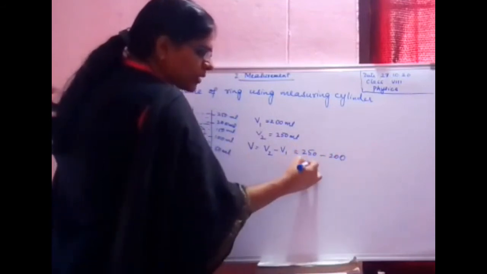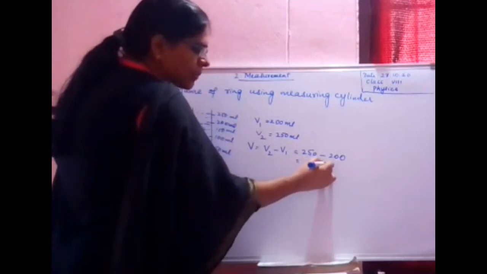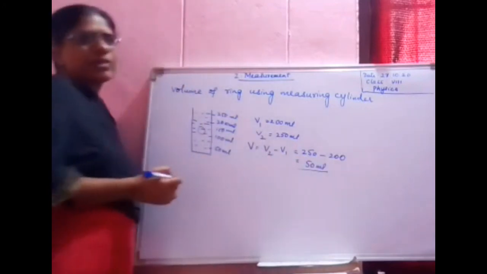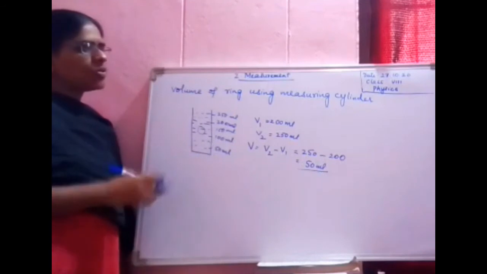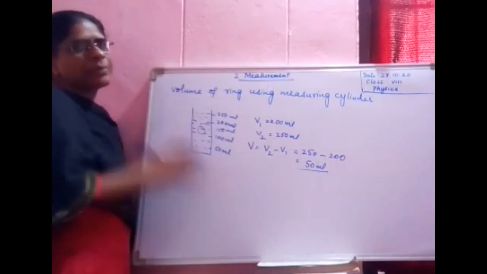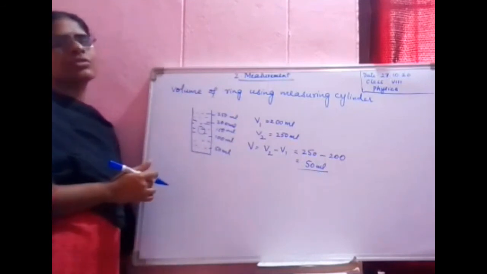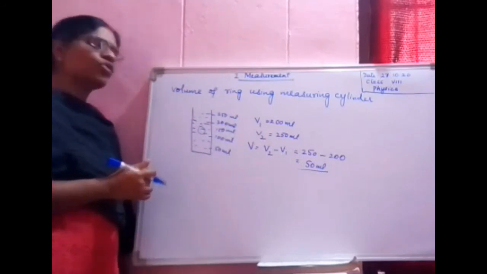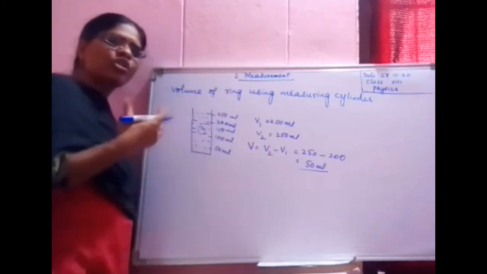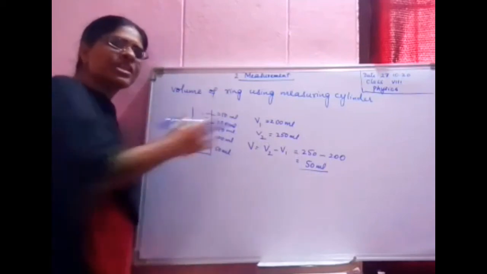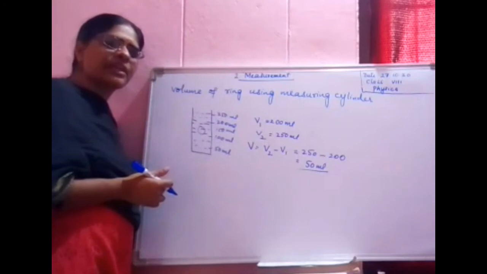How much will it be? 50 ml. Okay. This is the volume occupied by my stone. This is how to find the volume of an object using your measuring cylinder.